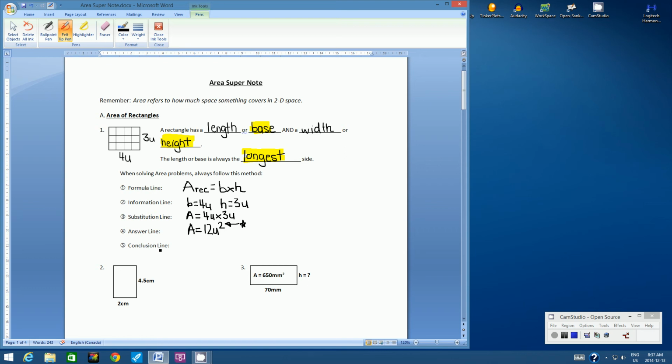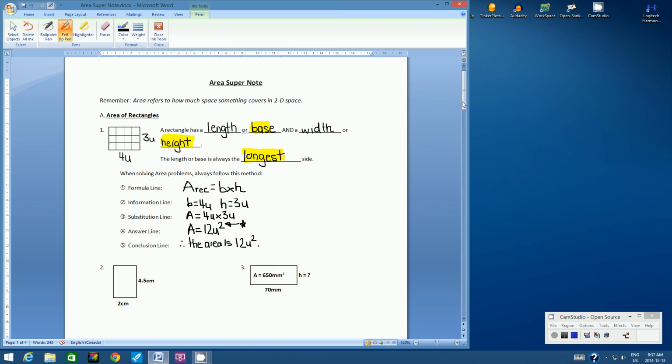Finally, we just write a therefore statement for the conclusion line. Therefore, the area is 12 units squared. There we go. Simple procedure, simple method, 5 lines, easy calculations.